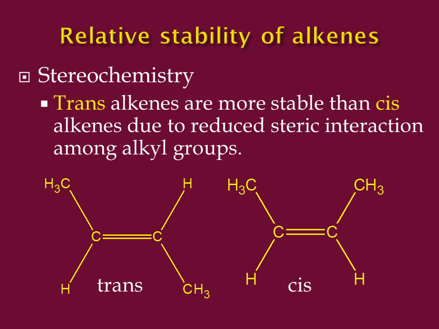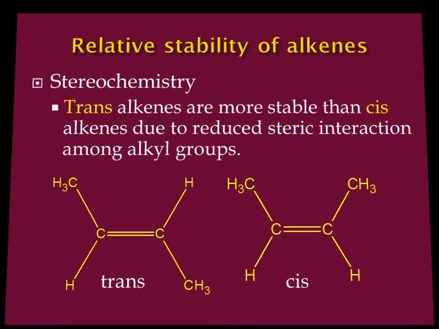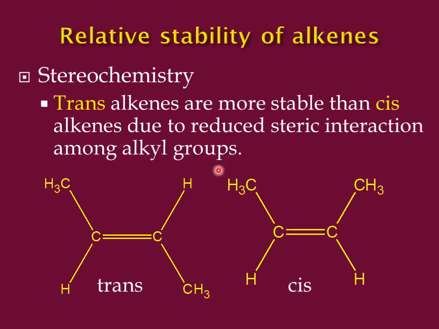Students, how does this reduced steric interaction develop stability in a molecule? In a cis structure, you can see that these two methyl groups are going to interact with each other. This steric crowding on this double bond is going to affect the stability of the pi bond and it is going to react in order to convert the more reactive pi bond into a more stable sigma bond.